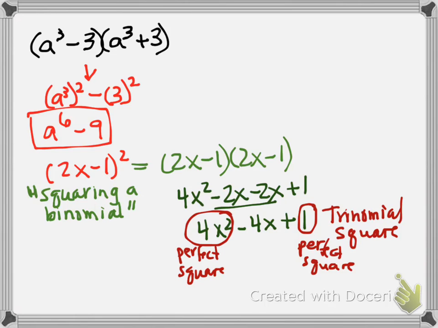Another criteria, this must be positive because that indicates that you have multiplied the same sign by itself. Now look at 4x and look at your original binomial, 2x minus 1. So I have negative 4x and my original binomial was 2x minus 1.